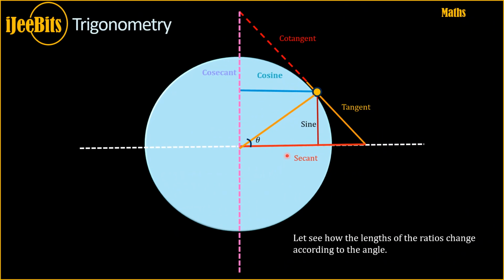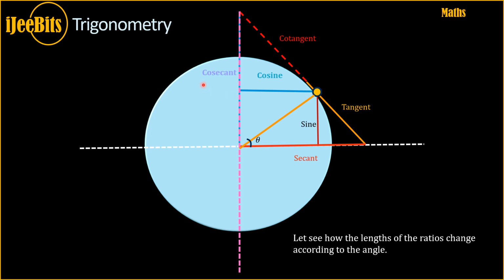If you move the point down, then you look at now the tangent length is less, cot is a little larger than the tangent, and because the point is moving a little away from the y-axis, the length of the cos is a little larger than your sin theta.